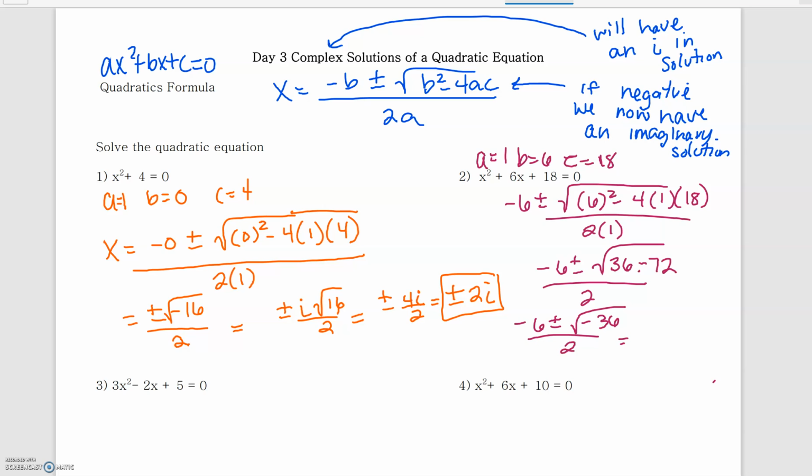And so we end up with negative 6 plus or minus, and we take out the i and then do the square root of 36 is 6, so 6i over 2. And we can reduce since all three of these have a common factor of 2. So we end up with negative 3 plus or minus 3i.